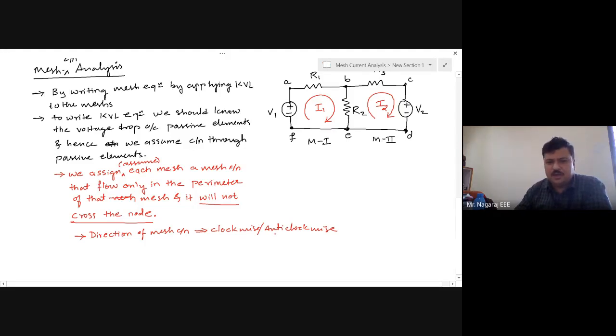Even if I apply anti-clockwise currents in each mesh, I will get the same equations. Equations will not change. So here we consider the direction of mesh current to be clockwise.